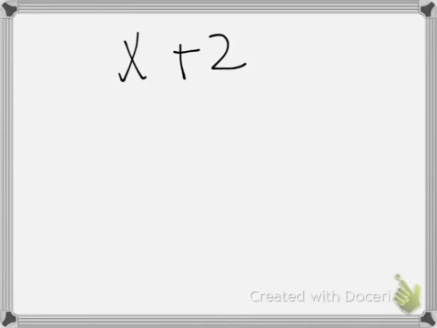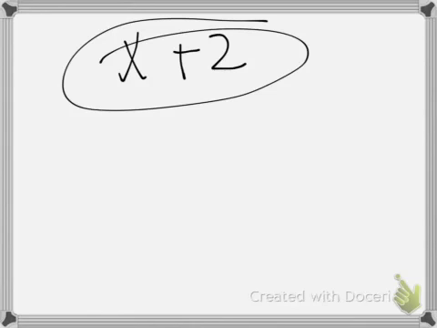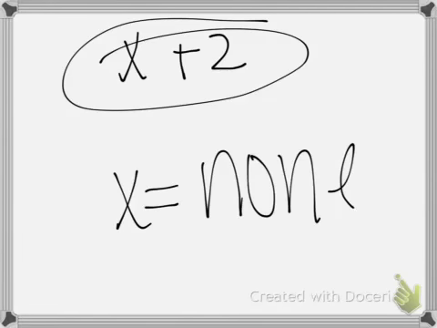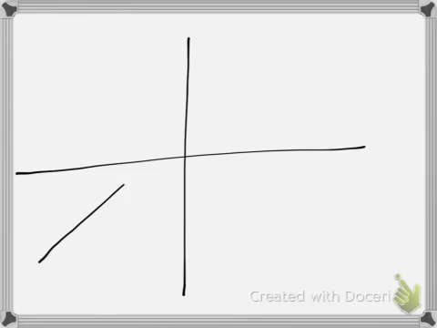Well, there's no denominator here either, so there is no vertical asymptote either. So when we graph it, it's going to be a line. So that's that one.